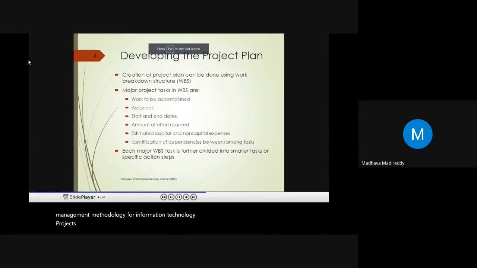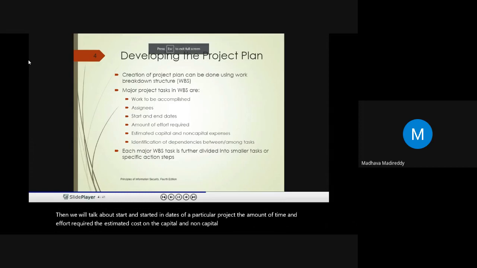So let's talk about the first phase. The first phase is developing the project plan. The creation of the project plan can be done by using a work breakdown structure. In the breakdown structure, we need to classify the tasks as work to be accomplished, then assign them, then we talk about the start and end dates of a particular project, the amount of time and effort required, and the estimated cost and the capital and non-capital expenses.